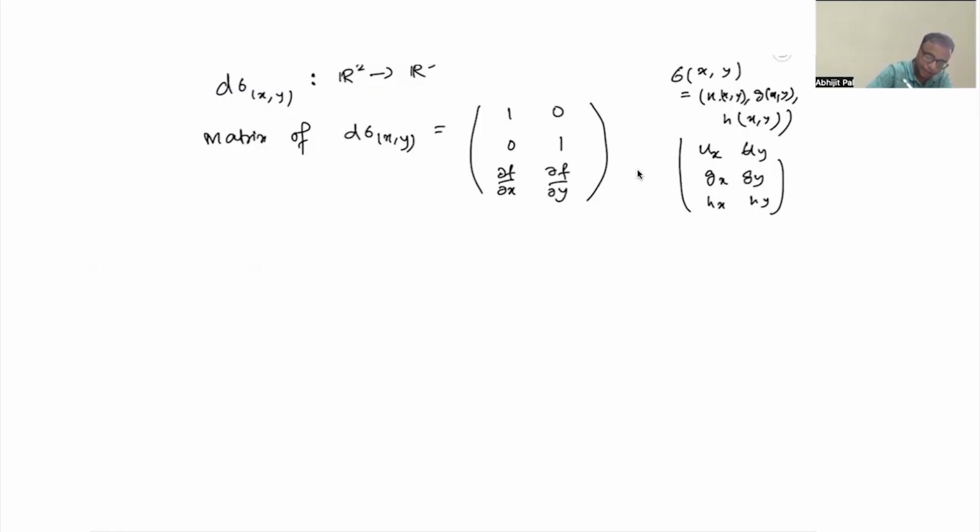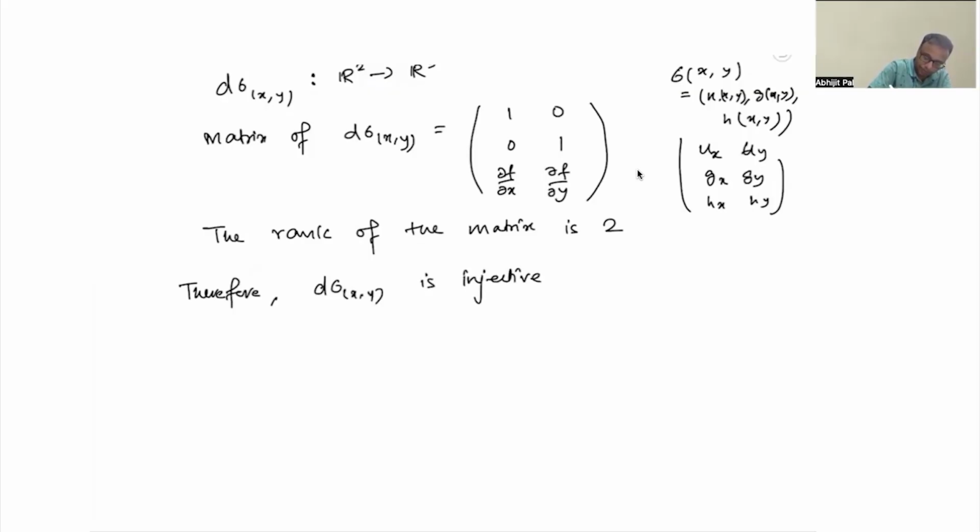So the rank of this matrix is 2. Therefore this linear map is injective for all (x, y) belonging to U. So this implies that the graph of f is a regular surface.